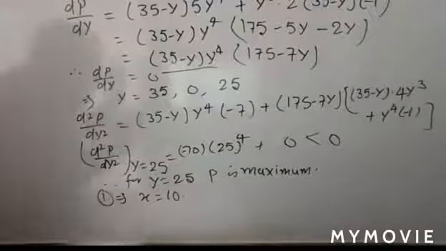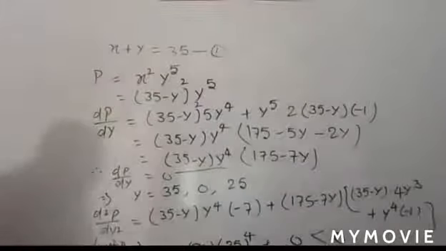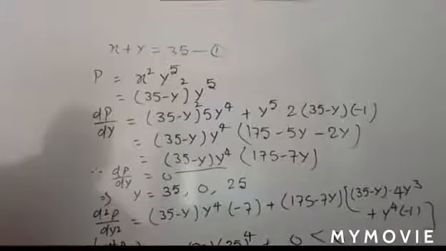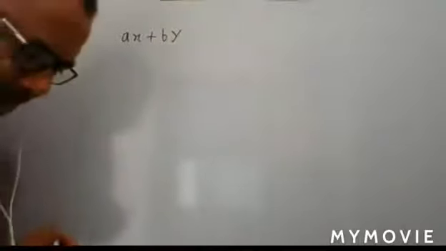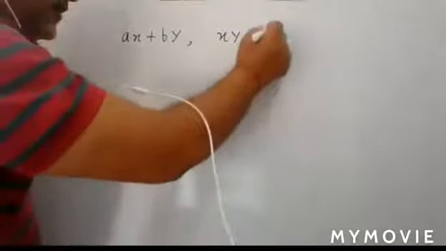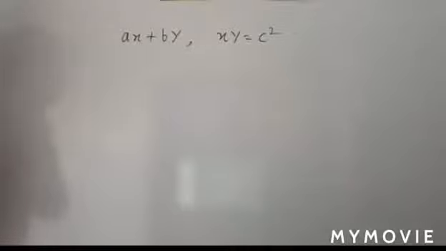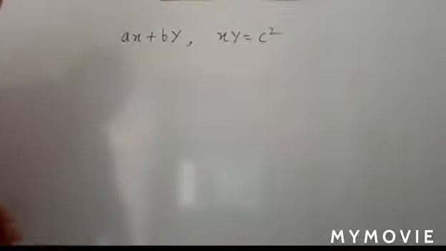Right. Find the minimum value. Find the minimum value of ax plus by, where xy is equal to c square, and a, b, c are positive.